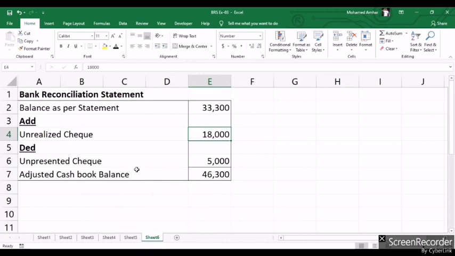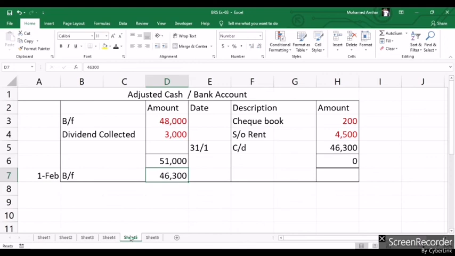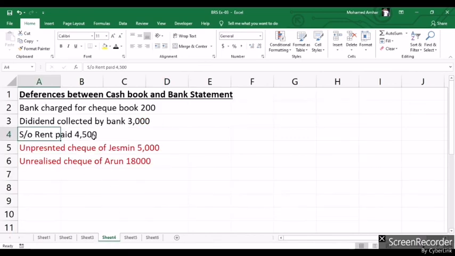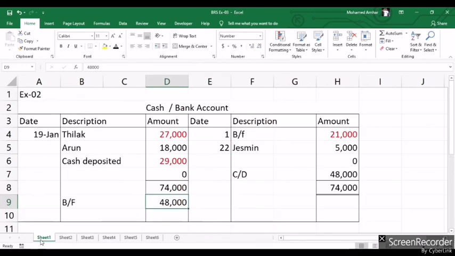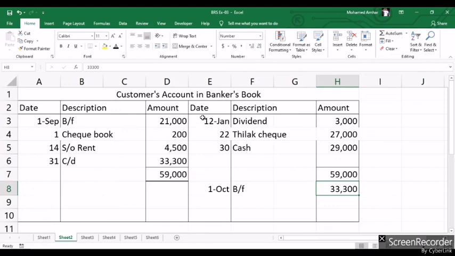Right, I think now we did the bank reconciliation and we did the adjusted cash book here. Before that we found the differences between the cash book and bank statement balance, and we prepared the bank statement, and using the transactions we prepared the cash book, and we prepared the customer's account like the bank's preparation.